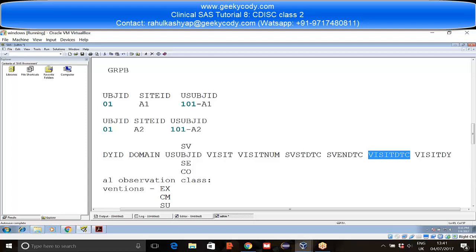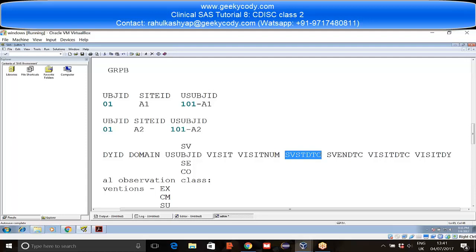Due to personal reasons, if the subject fails to come on the scheduled date, he will come on another date. That date is the subject visit start date.